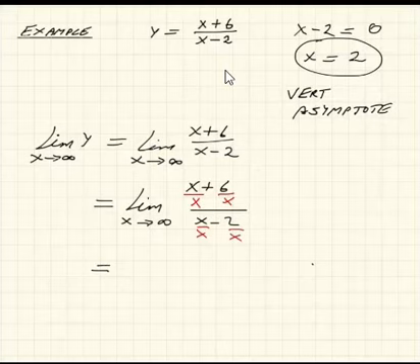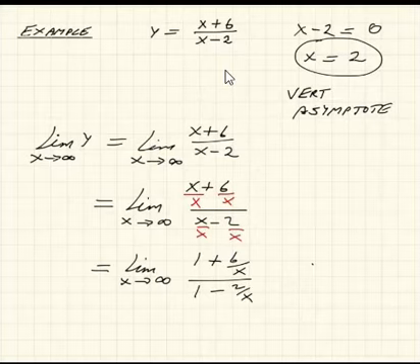And that gives us the limit as x goes towards infinity of x over x, which is 1, plus 6 over x, divided by x over x, 1 again, minus 2 over x.